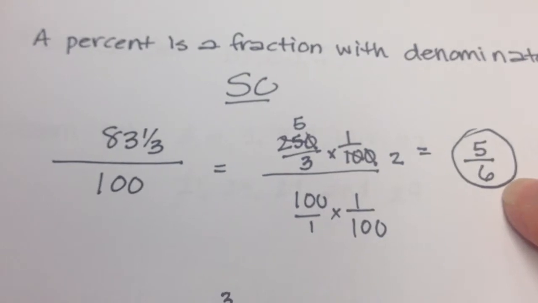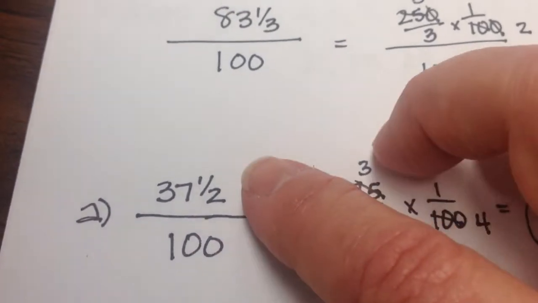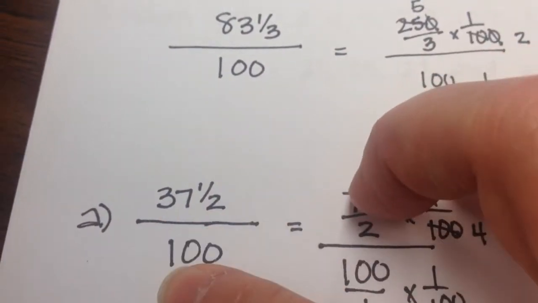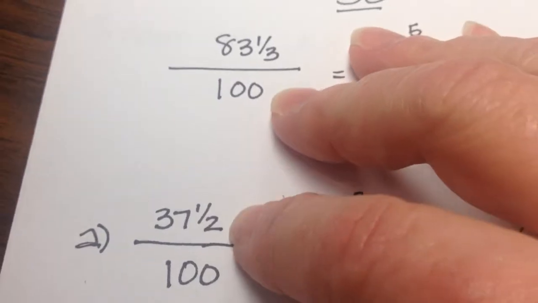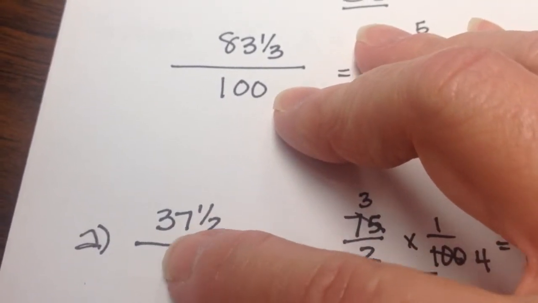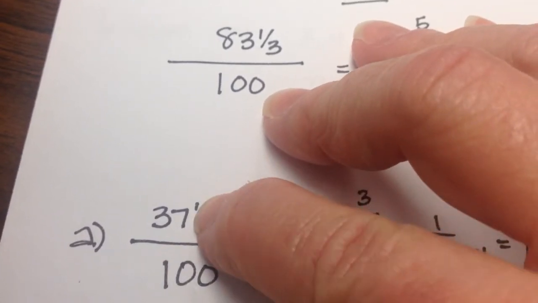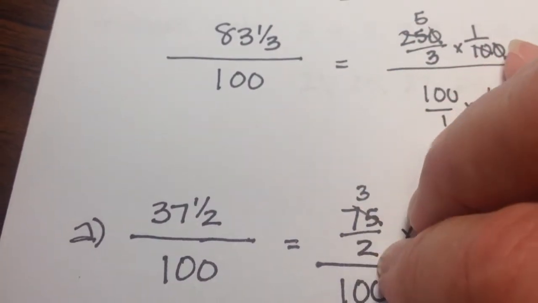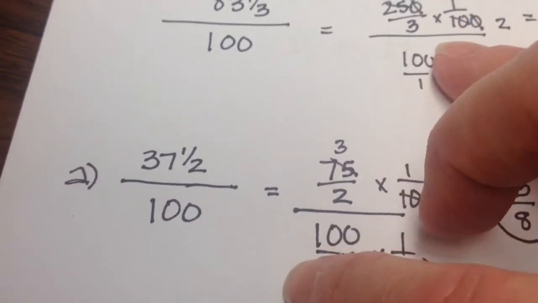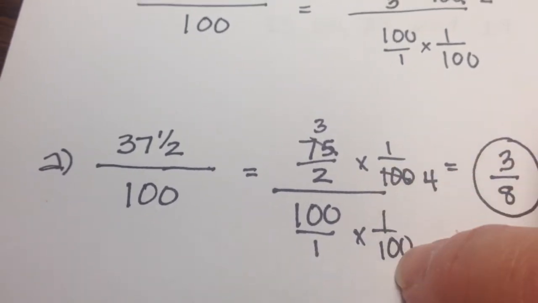Yes, maybe so. Let's try this one. 37 and a half over 100. We're going to make this an improper fraction, so 2 times 37 is 74 plus 1 is 75 over 2. I'm going to think of this as a fraction, 100 over 1, so that I can multiply by the reciprocal, 1 over 100.